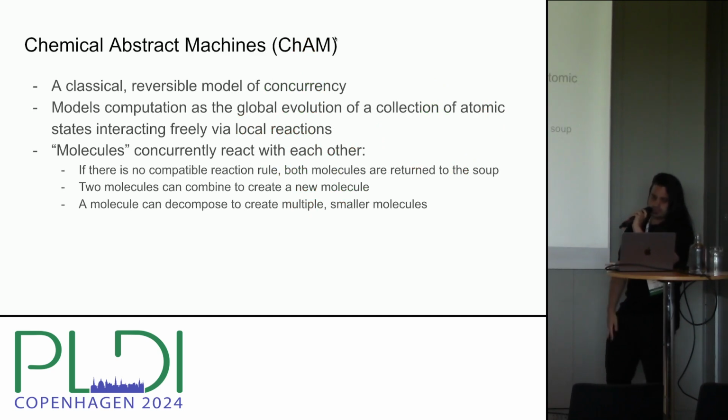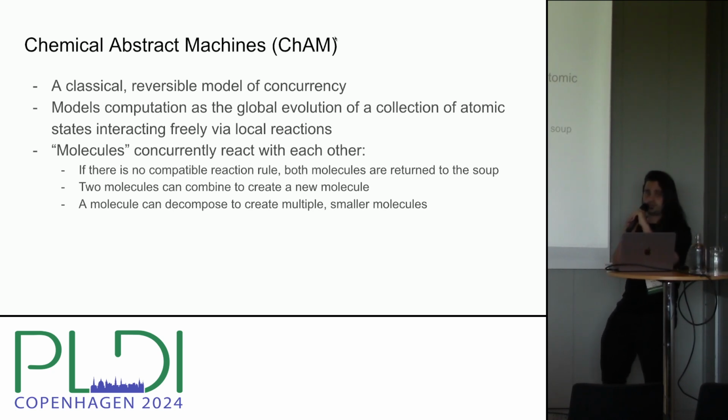Turns out this is very similar to a model of concurrency that already exists called chemical abstract machines. This original paper dates back to the 80s. It is a classical reversible model of concurrency. Chemical abstract machines model computation as the global evolution of a collection of atomic states that randomly interact with each other.